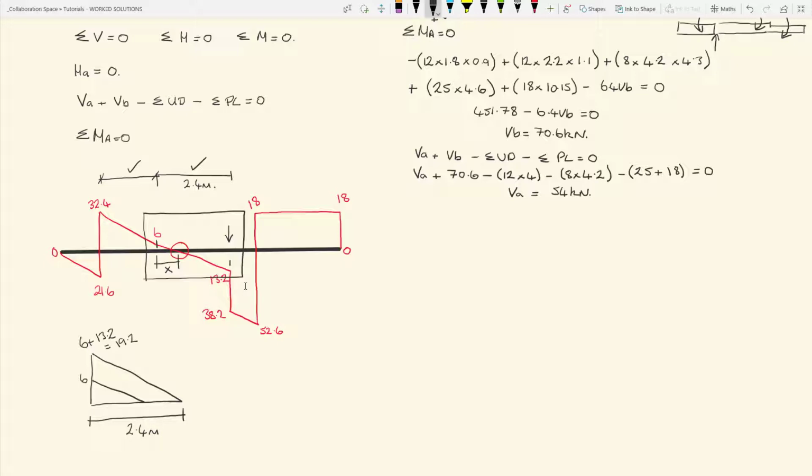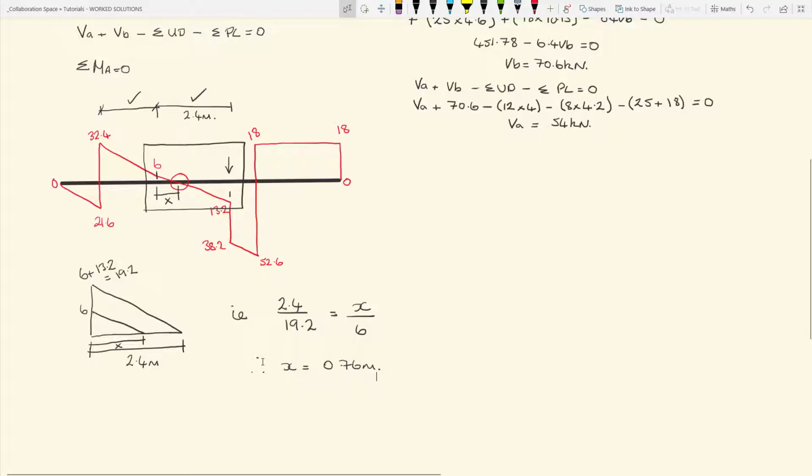And what we're after is this distance in here, and that is x. So we can write the relationship as 2.4 over 19.2 equals x over 6. As I say, it's simply a case of solving similar triangles. That gives you a dimension for x equals 0.76 meters.